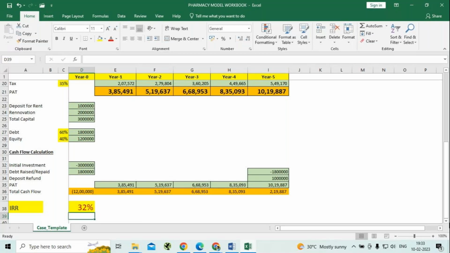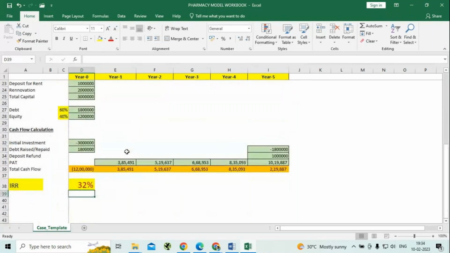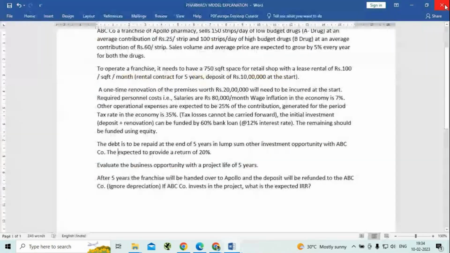Okay. So I'll share this answered document with you people also, but still you try to solve it on your own.